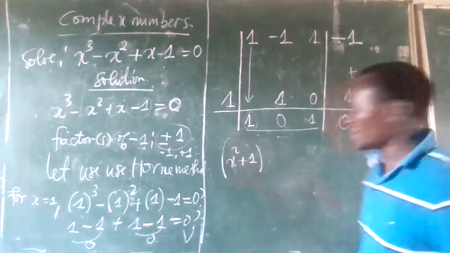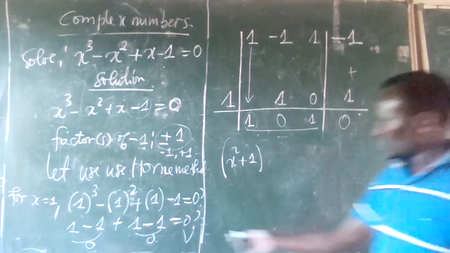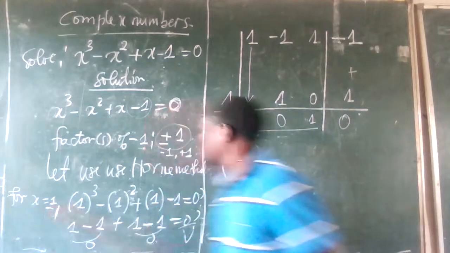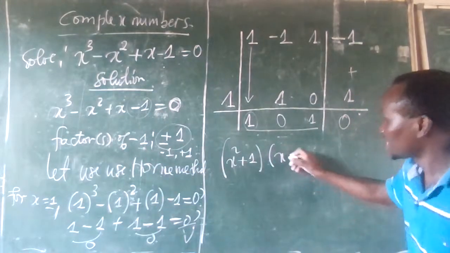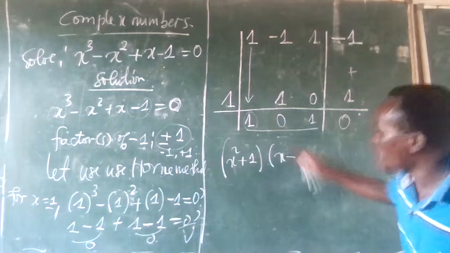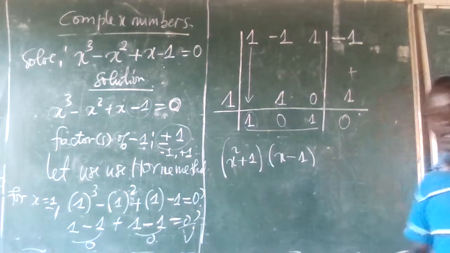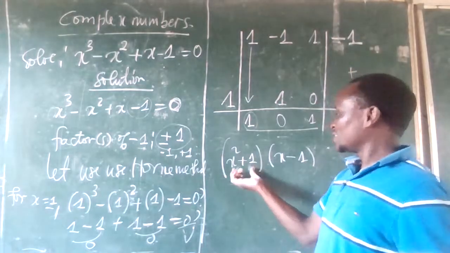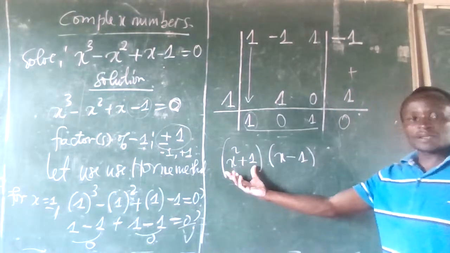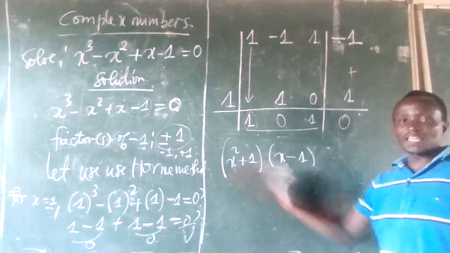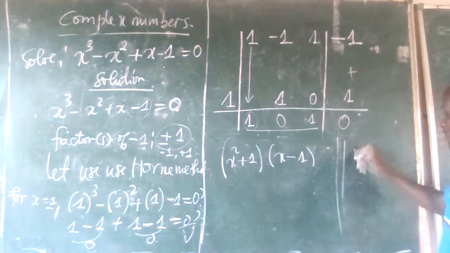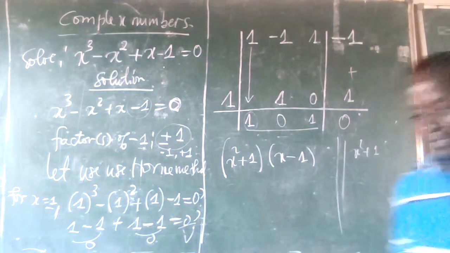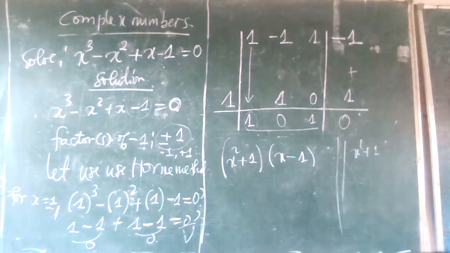Remember that the factor which made our equation equal to 0 was this number 1, so you put x minus 1. Now we are going to solve x squared plus 1. We should use delta or another simple way.